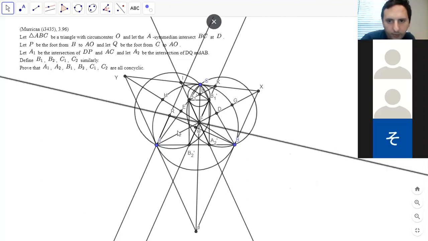So if we define it the way we did here, then, see, this is the foot from A to BO.